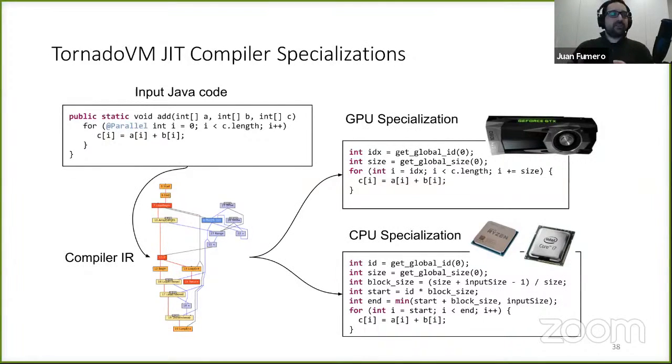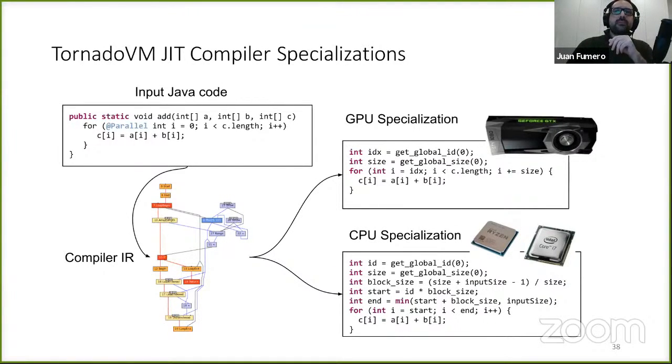So we can run the same code on an FPGA, on a GPU, or CPU. But performance is not portable. And in fact, for some architectures like FPGA, if we don't specialize, we don't get performance at all. Right? So we have to massage the code to get the performance we're expecting. And this specialization happens at the compiler level.